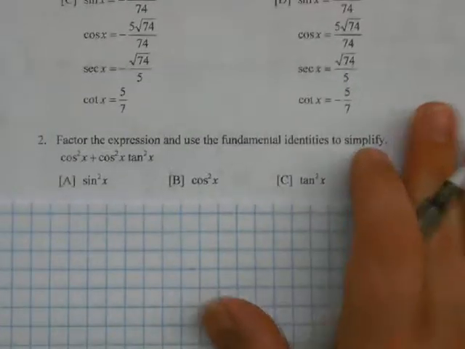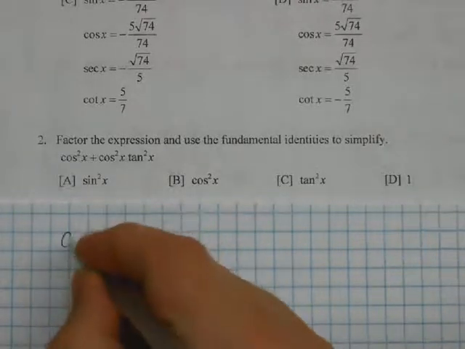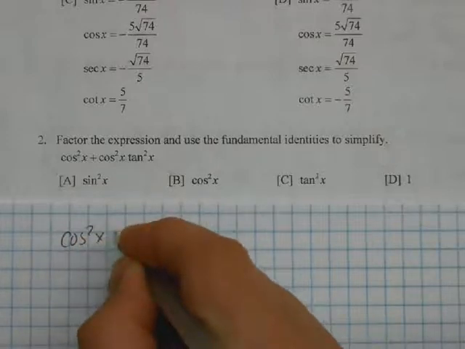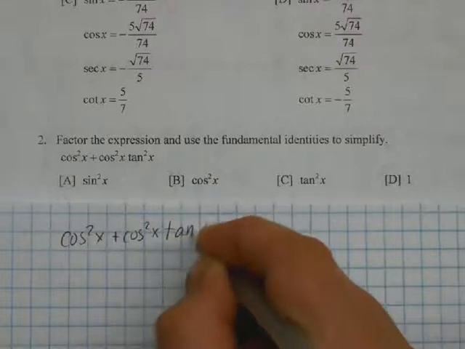Number 2, factor the expression and use the fundamental identities to simplify. So I'm just going to go ahead and rewrite the problem here, that we could factor out cosine squared.